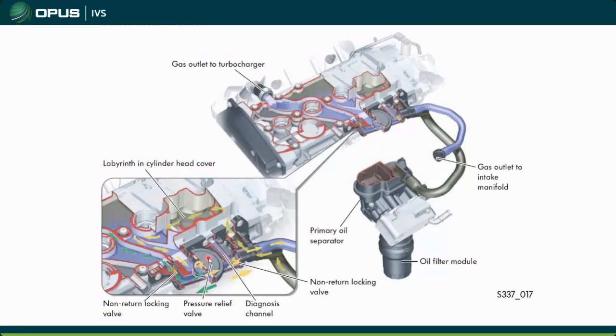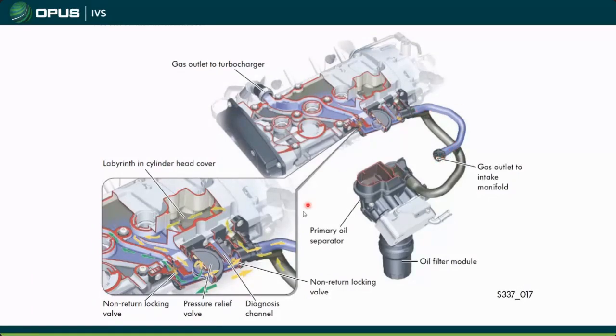But here is where we get into the issue of normally aspirated versus forced induction, or boost. This pressure relief valve, or pressure regulating valve as we call it, is your determining factor here. When you have boost, we have this gas outlet from the valve to the intake manifold. When your intake manifold is under boost, so is this hose.